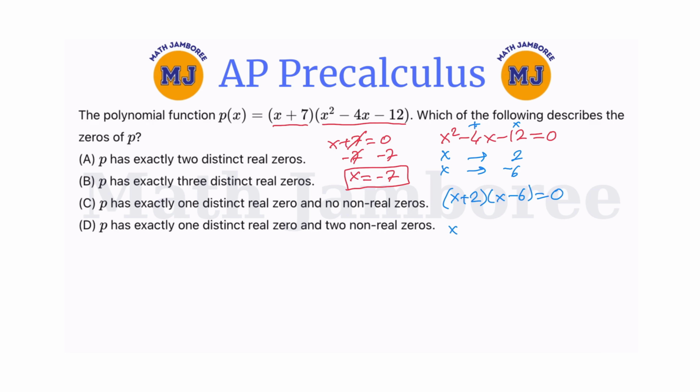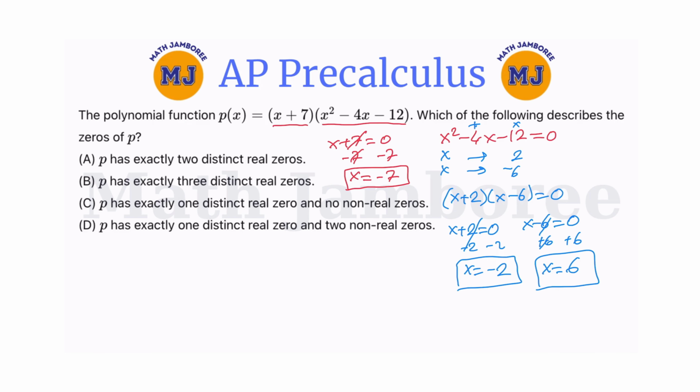Then we can make each equal 0. Take away 2 from both sides, and 6. x equals 6. So we have found the zeros of the polynomial function, which are negative 7, negative 2, and 6.